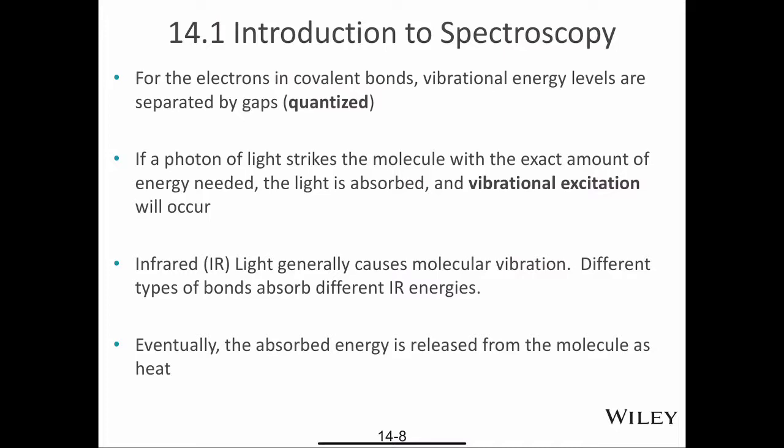The energy of the photon is temporarily stored as vibrational energy until it's released back into the environment, usually in the form of heat. Each form of spectroscopy uses a different region of the electromagnetic spectrum and involves a different kind of excitation. Again, in this chapter, we're going to focus on the interaction between molecules and infrared radiation, which promotes vibrational excitations of the bonds in a molecule.